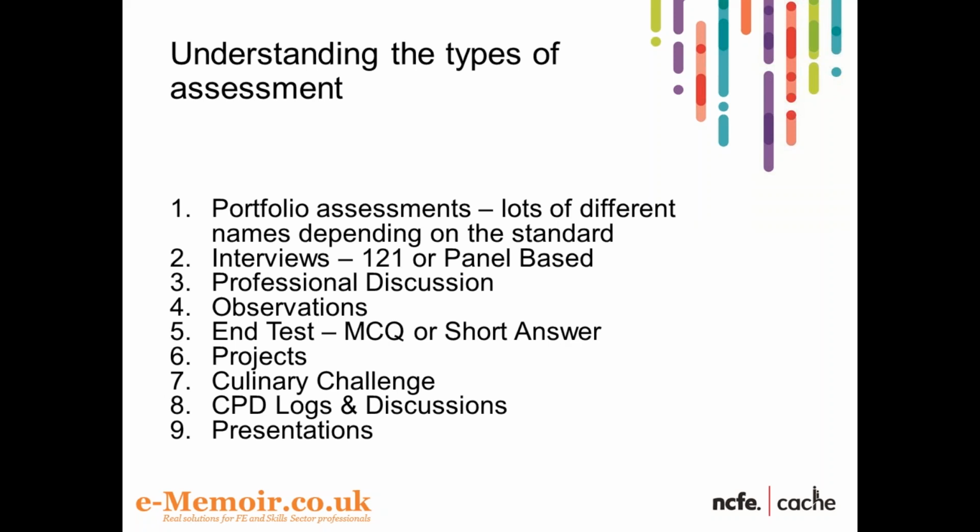It's the last chance saloon almost for the apprentice to be able to justify their skills, knowledge and behaviours and demonstrate that they are competent, and the assessor will have a discussion with them to draw out any evidence, maybe that they're a borderline grade or a borderline between a pass and a fail, and that's what that discussion is all about.